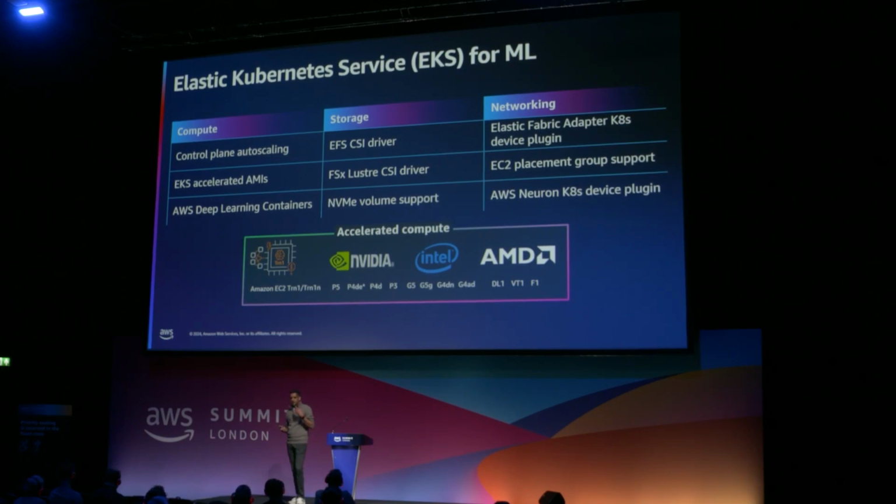Another benefit that you get with EKS is that regardless of how big your cluster is, be it tens of nodes or thousands of nodes, we always charge you that same 10 cents an hour. So you also get some cost benefits with EKS.